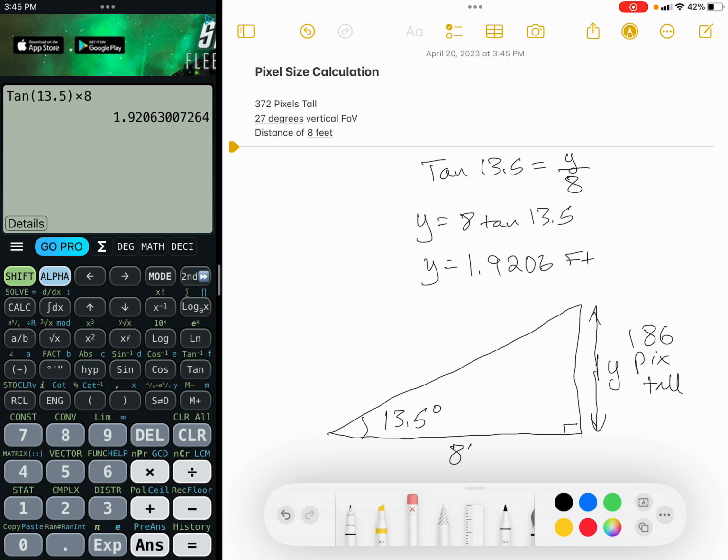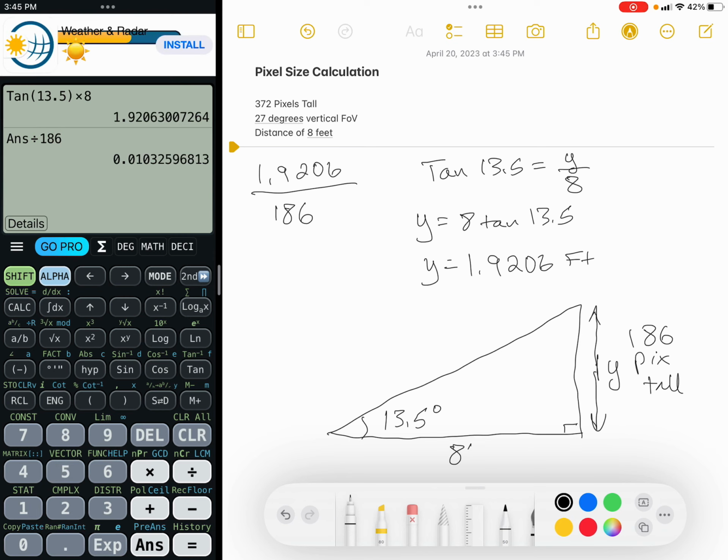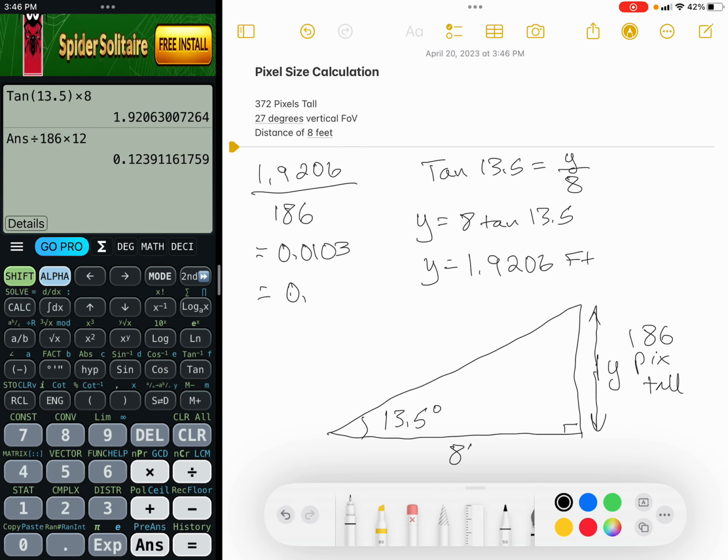So if we take our y, 1.9206, and divide it by 186, we get a height of 1 pixel of 0.0103 feet, or that's also equal to, if we multiply it by 12, 0.1239 inches.